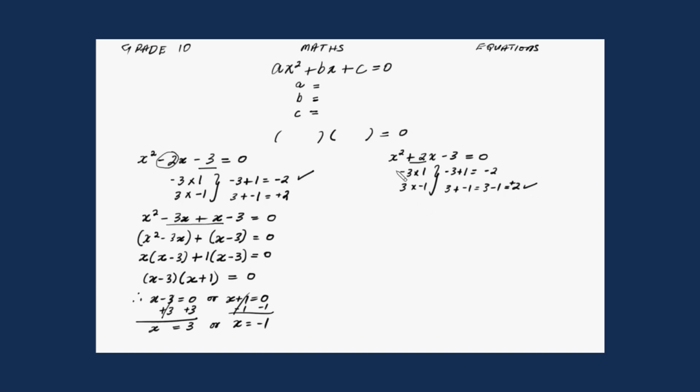Now, when we rewrite this in terms of these two factors, we are going to have x squared plus 3x minus 1x, then minus 3 is equal to 0, right? So what do we do next?